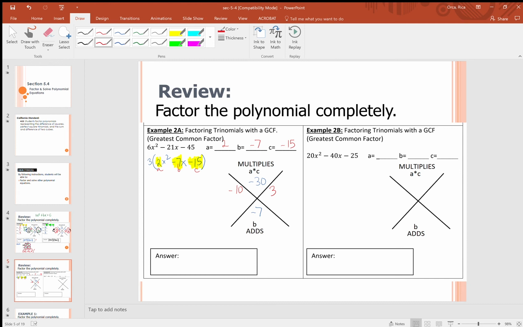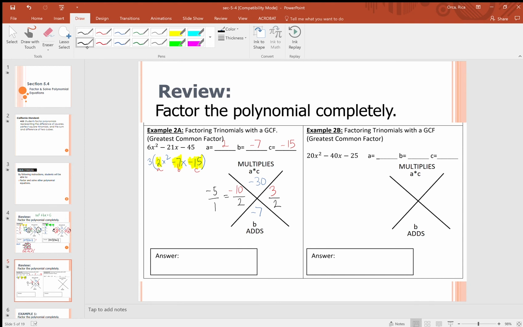Now we need to divide -10 and 3 by a. Our a value is 2. Now let's go ahead and reduce the fractions. -10 divided by 2 is -5. 2 divided by 2 is 1.